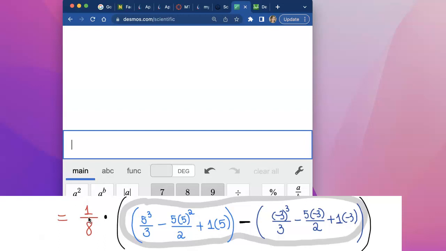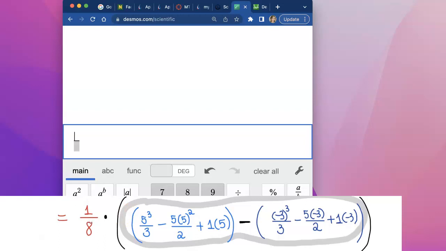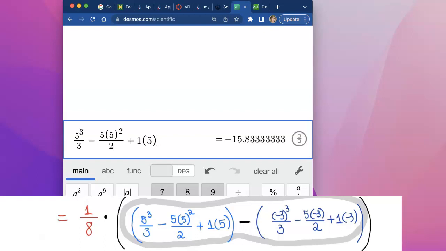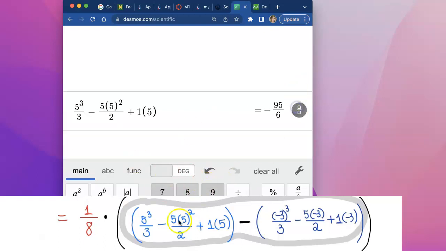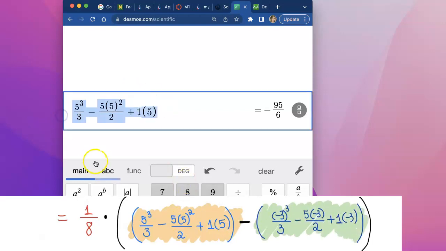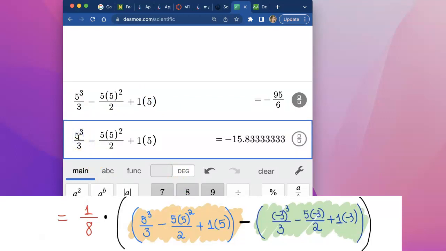So I'm going to start with the blue one, the first one: 5 to the 3rd power over 3 minus 5 times 5 squared over 2 plus 1 times 5. What I just typed in is this orange. Now I'm about to type in this part. I'll just copy this and change the 5 to negative 3.